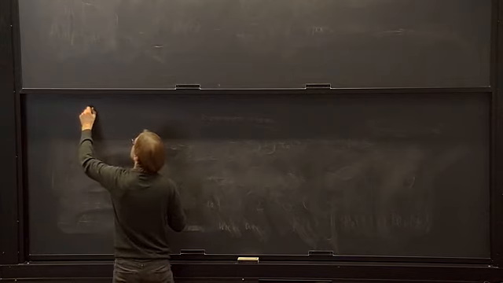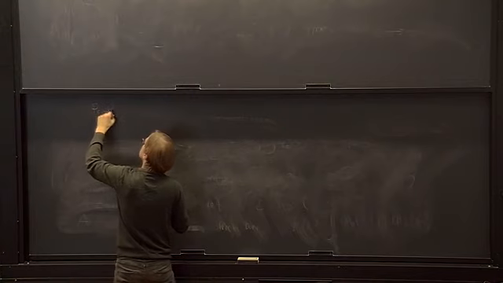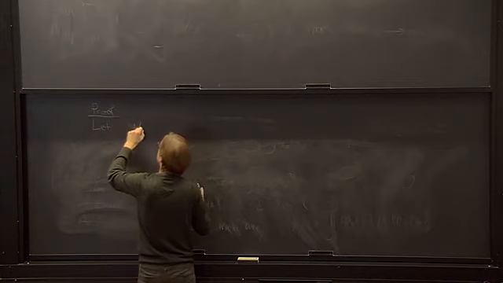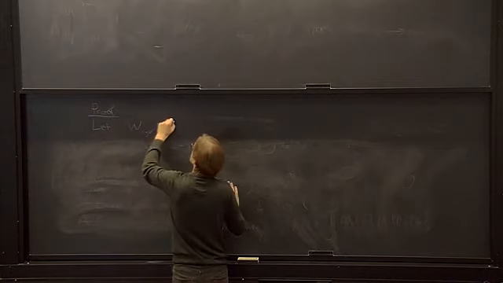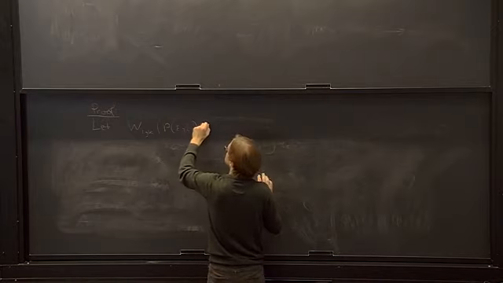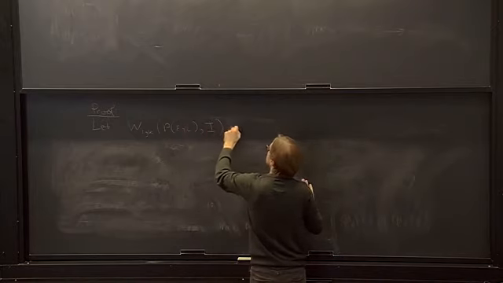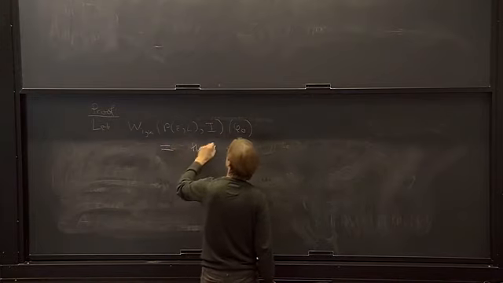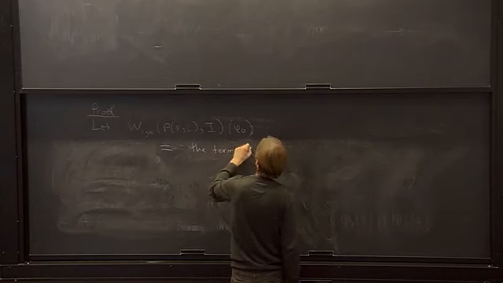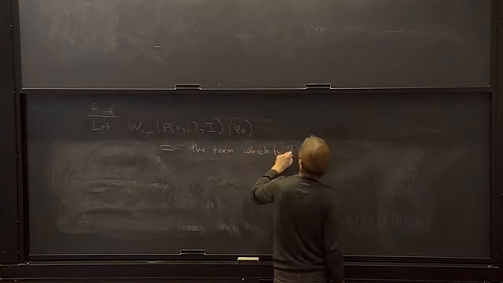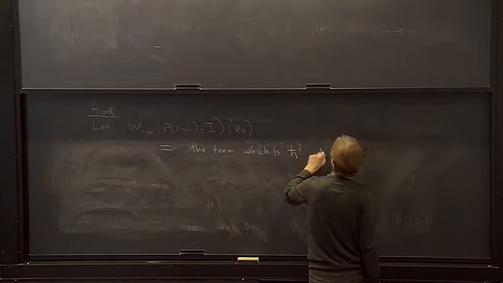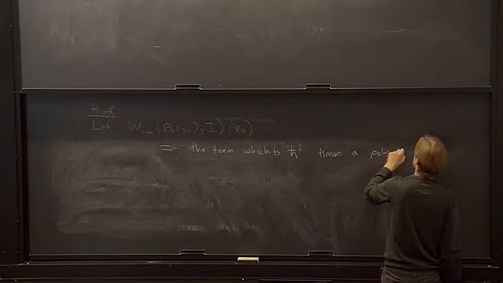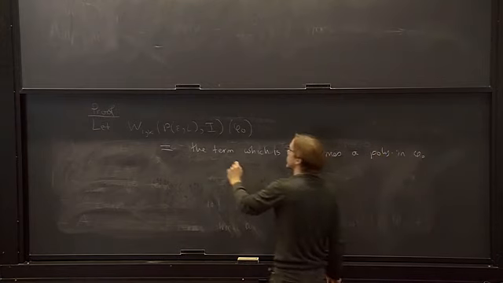So here's the proof. We let W sub ik be the term which is h bar to the i times a polynomial in phi 0 of degree k.